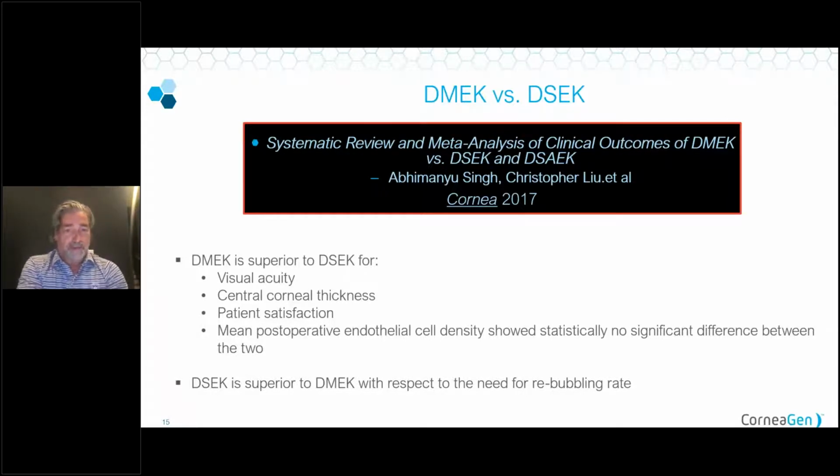The post-operative endothelial cell density didn't really show that much difference in this study, but there was loss in both. However, this study did show that DSEK is superior to DMEK with respect to rebubbling. So maybe if you have a patient that doesn't tolerate rebubbling that well, or doesn't like to go back to the OR, or maybe is incapable, maybe we side towards DSEK in some of those instances.